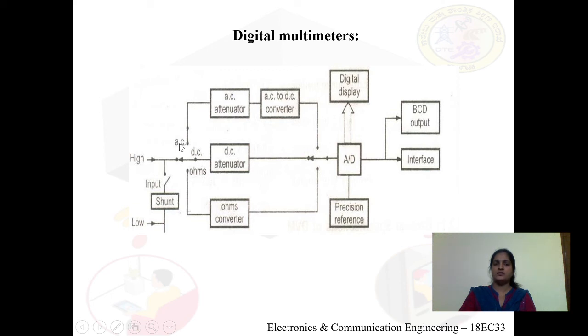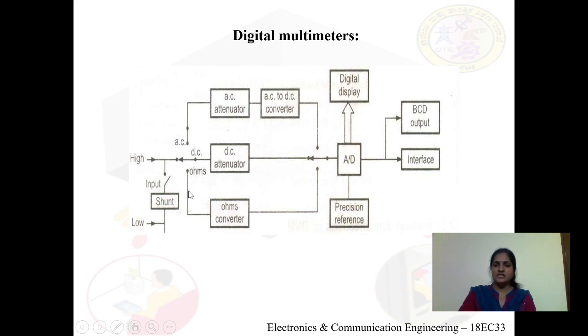One deals with AC, the second with DC, and one more measures unknown resistance. We have this ohm converter branch. If the switch is connected to the first branch, we are operating on AC. This AC is converted into DC, then finally digitized with the help of an analog to digital converter. In the second branch, we measure a DC voltage, passing it through a DC attenuator.